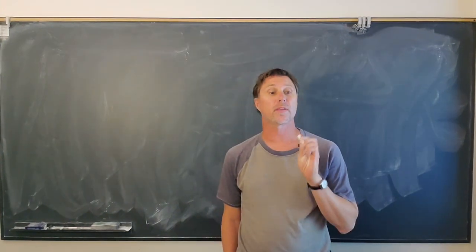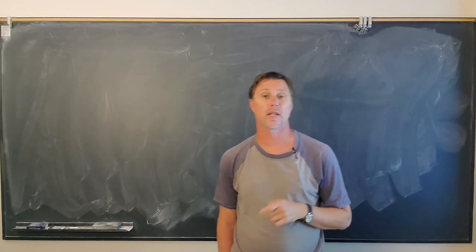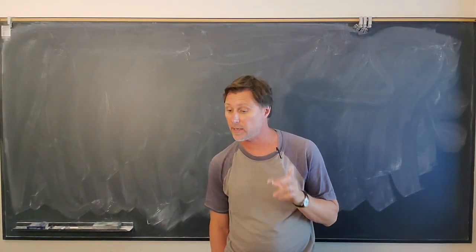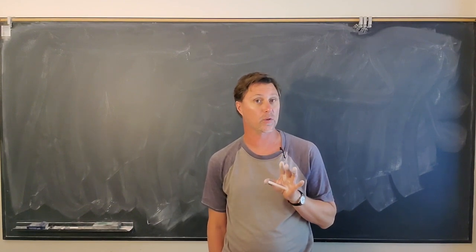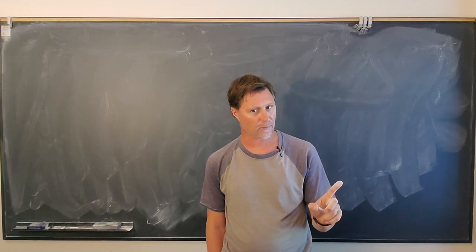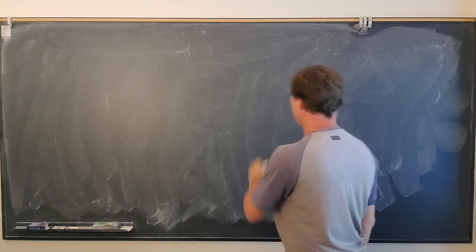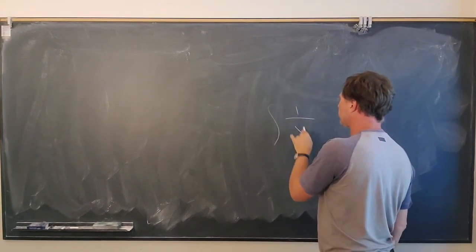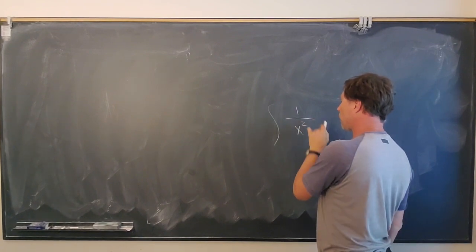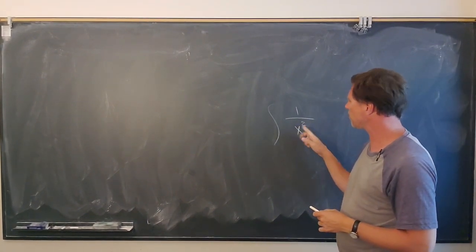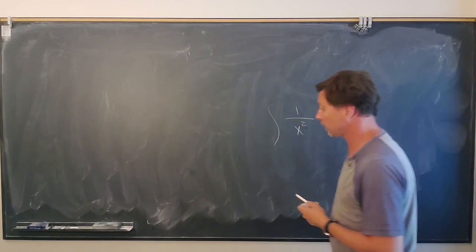So if you think about the first two examples, I did the integral from 1 to infinity of 1 over x, and then I did the integral from 1 to infinity of 1 over x squared. The first one diverged, the second one converged. So we're doing integrands, first 1 over x, then 1 over x squared. And you can ask the question now, what happens as you vary that exponent right there?